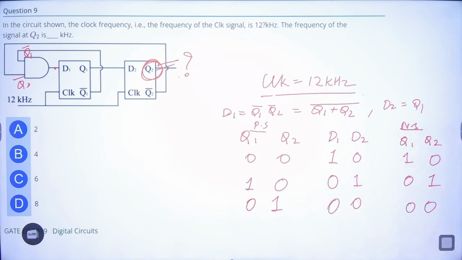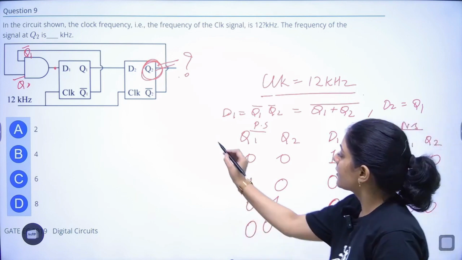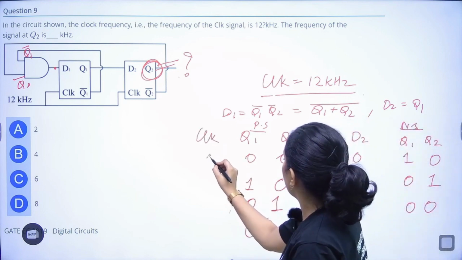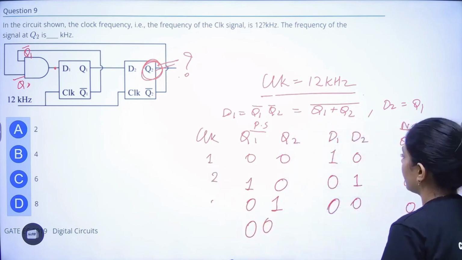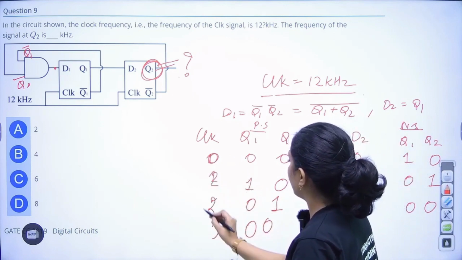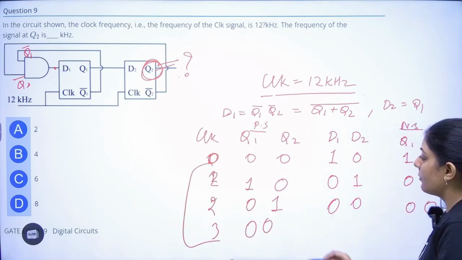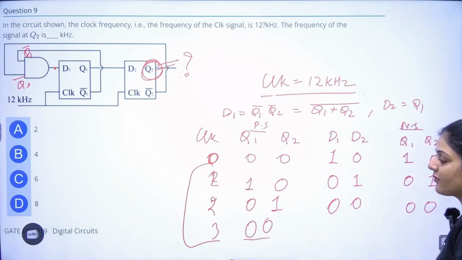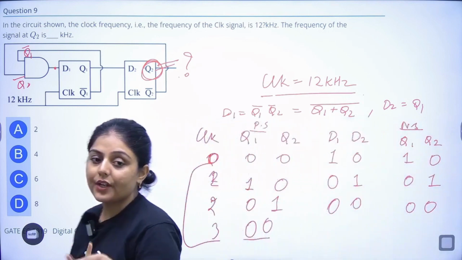So what is happening? It is repeating itself again. It will become 0 and 0. So this is the clock cycle. Clock 1, 2, or you can start from initial values, this is 0, 1, 2, 3. So after 3 clock pulses, it will repeat itself, right? Because it will become 0 0 and that pattern will repeat itself. So it is repeating itself after 3 clock pulses.